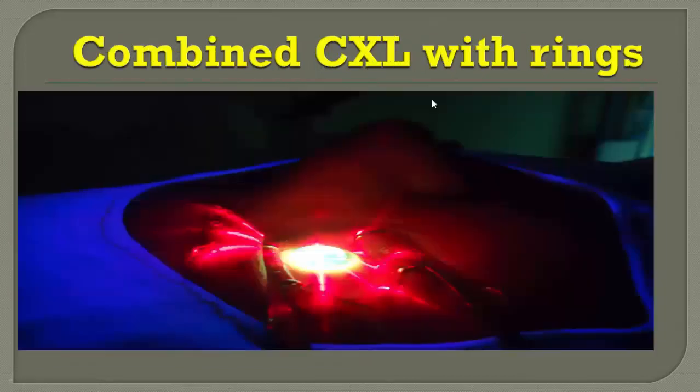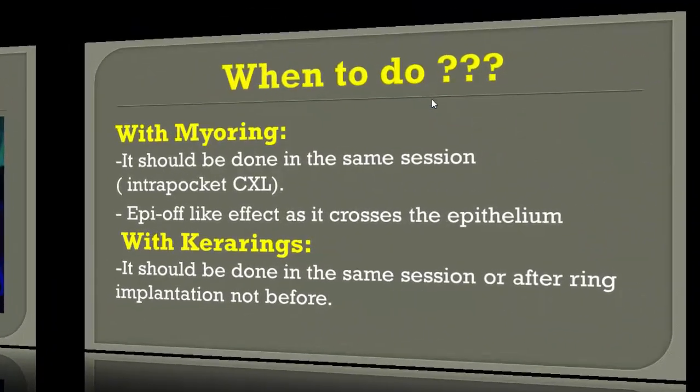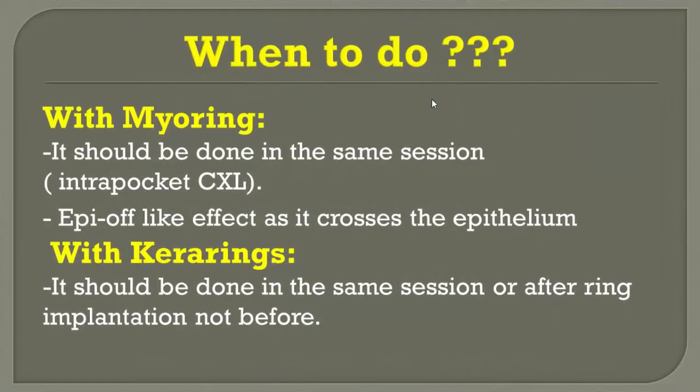Combined cross-linking with rings: we can combine the intracorneal ring segment effect together with corneal collagen cross-linking, whether in the same session or in another separate session. With MyoRing, it should be done in the same session, as we mentioned in the intra-pocket cross-linking. While with Kera ring, we can do it in the same session or after ring implantation.